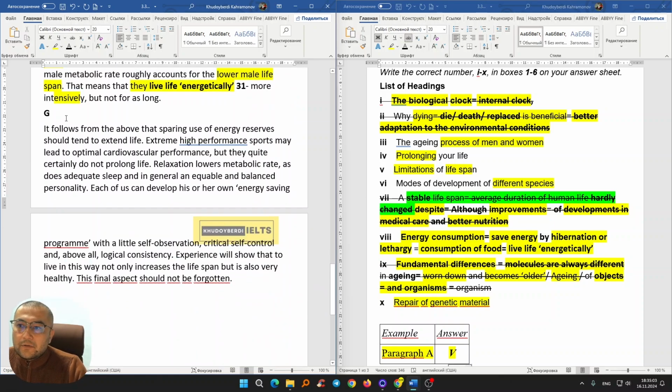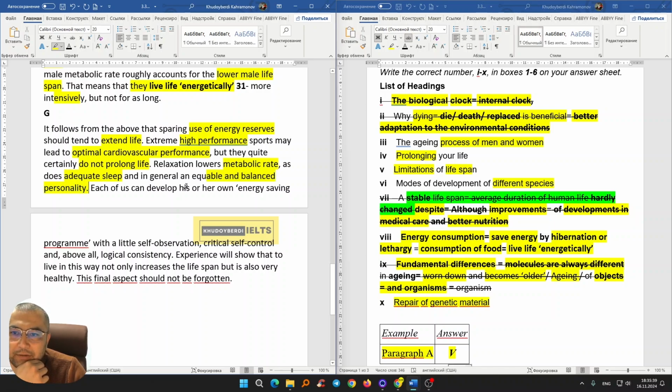Okay, the next one. It follows from the above that sparing use of energy reserves should tend to extend life. Extreme high performance sports may lead to optimal cardiovascular performance, but they quite certainly do not prolong life. Relaxation lowers metabolic rate, as does adequate sleep in general, and an equable and balanced personality.